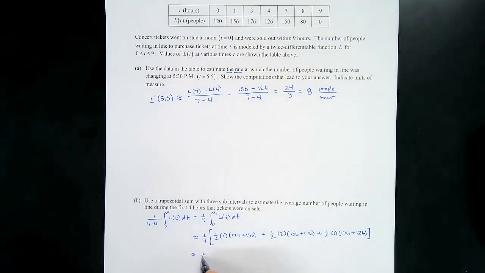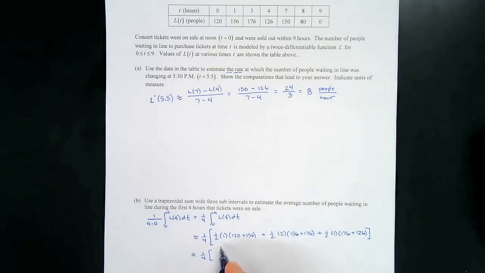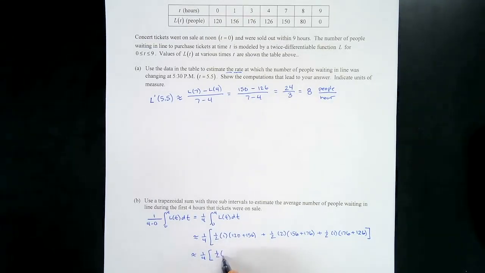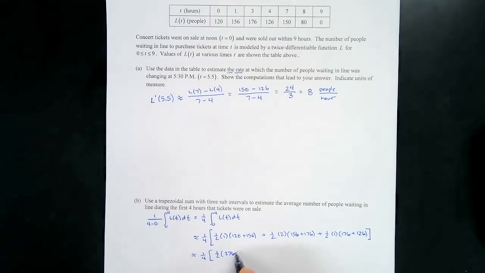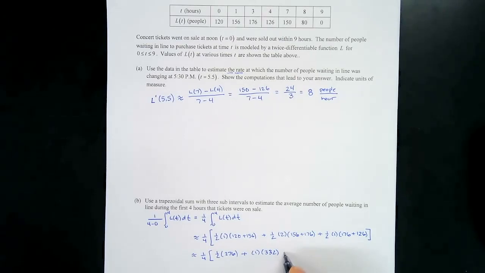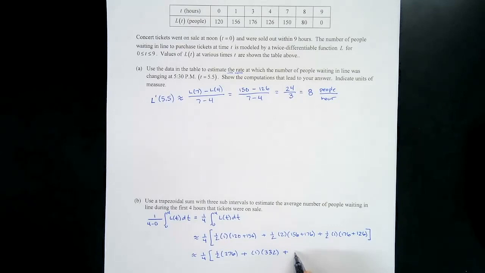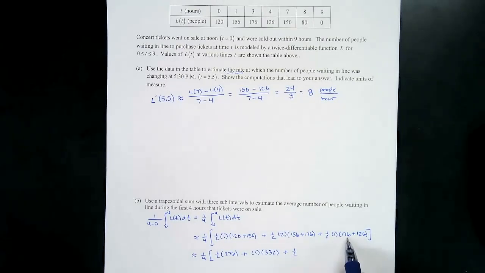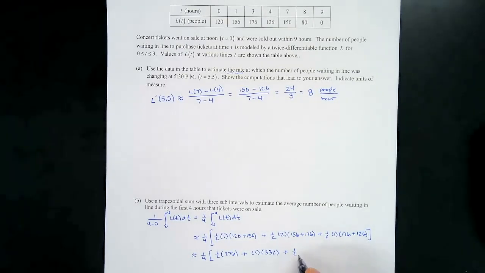Okay, so this is 1/4 times, and this would be 1/2 times, and if we add these, that'd be 276, plus 1 times 156 plus 176, which would be 332, plus 1/2, and 176 plus 126 would be 302.